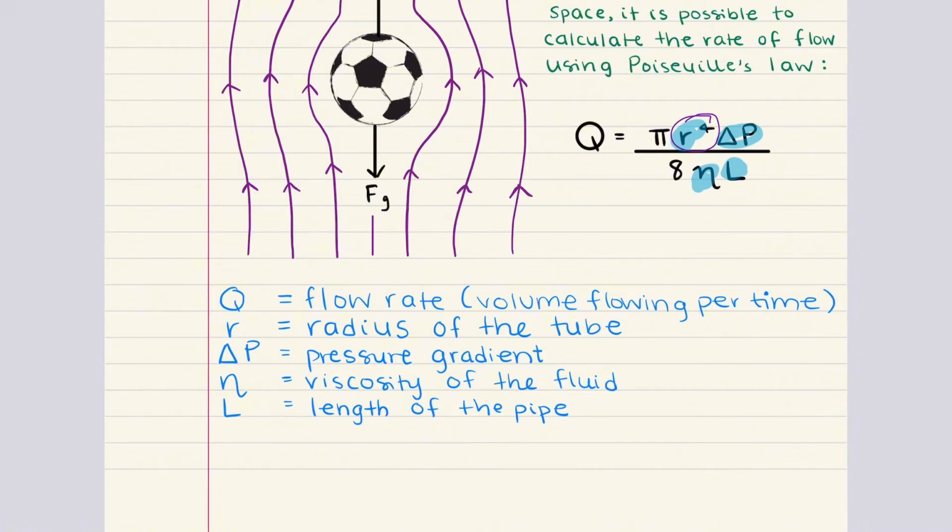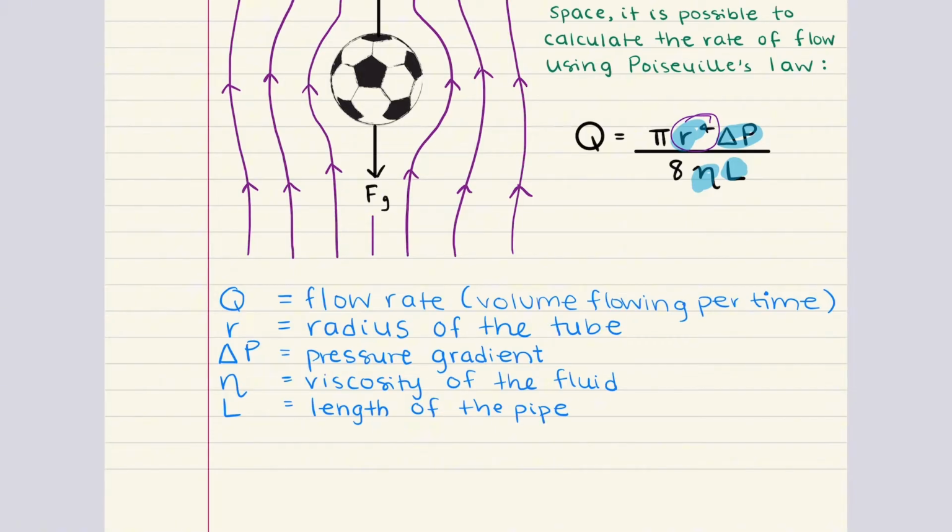So for instance, doubling the radius of the pipe doesn't just double the flow rate, it actually increases it by a factor of 16. This sensitivity to the radius is why blood vessels, for example, need to maintain a precise diameter to ensure proper blood flow throughout the body.